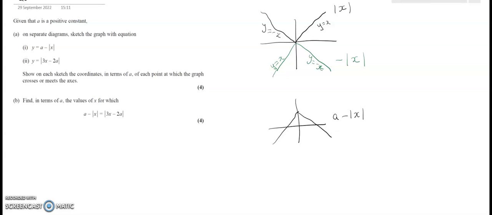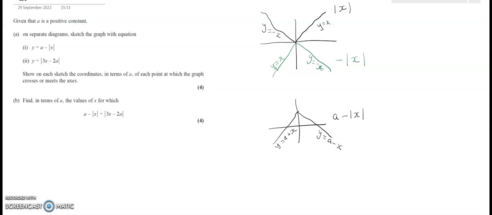Right, so then if we shift it up by a, the right side leg of my graph is going to be y equals a minus x, and the left hand side is going to be y equals a plus x.